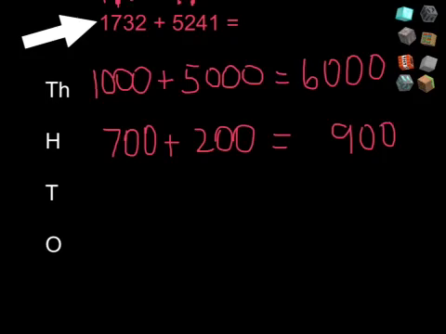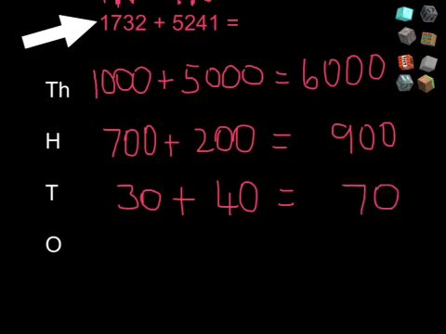The tens column here, I have 30. And the tens column over here, I have 40. Now I could use doubles plus 1 for that one. I know that double 3 is 6, but I've got one more. I've got 4 here, so that must be 7, so 70. 30 plus 40 is 70.